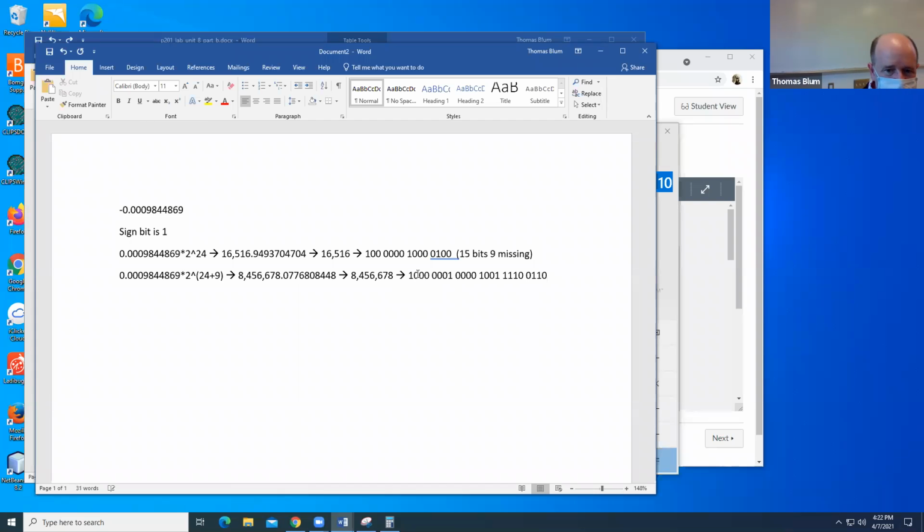Control V. Okay, there we are. And now I have the 24: 1, 2, 3, 4, 5, 6 groups of 4.